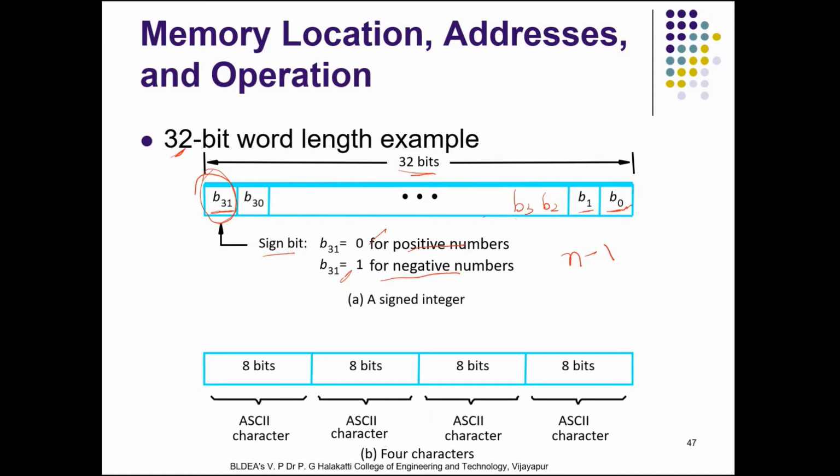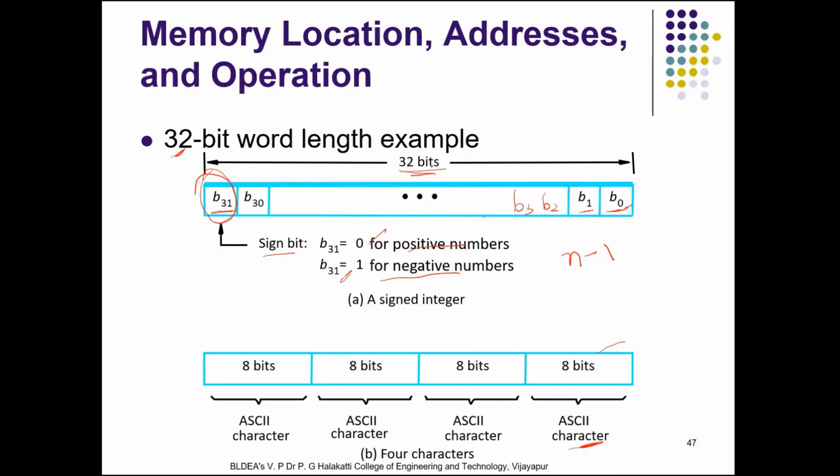Now, if I am going to store an ASCII character in a word, as we know an ASCII character takes 8 bits to represent one character.